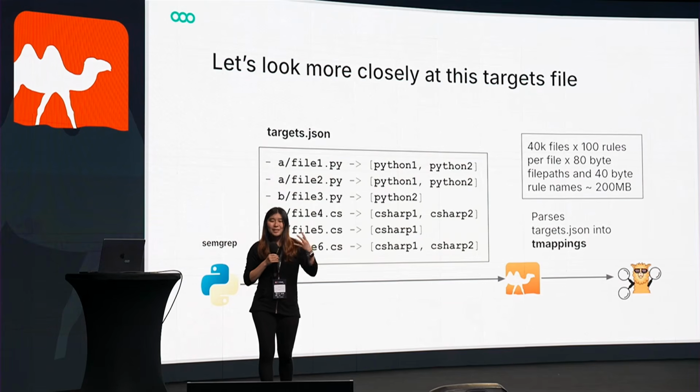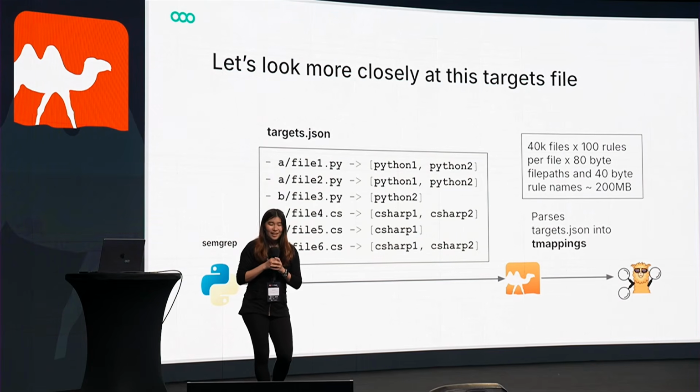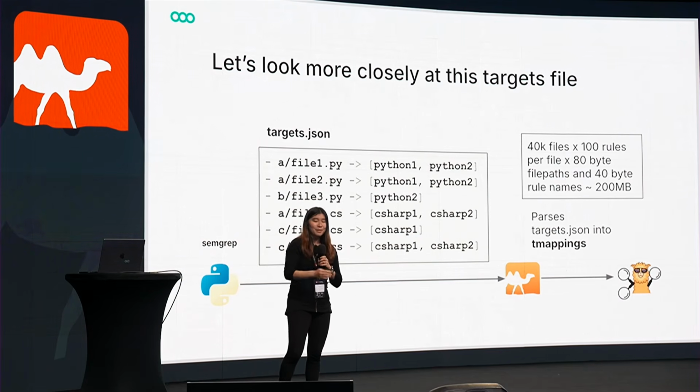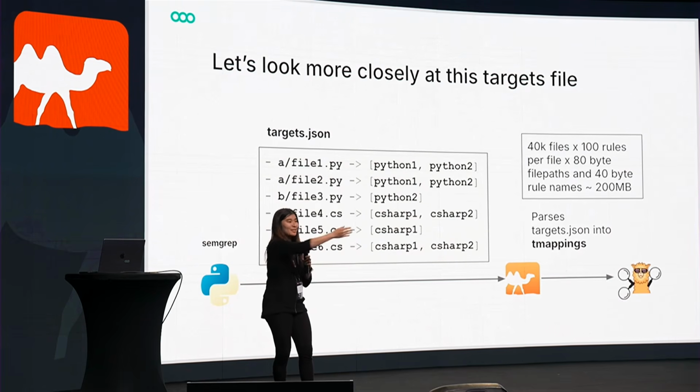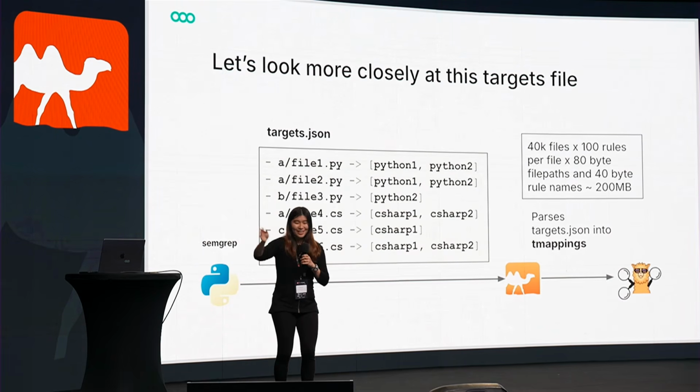Now, once again, people have some pretty big repositories, so let's do a little bit of math. Let's say you have a repository that's 40K files, and each file is analyzed by around 100 rules. Your file paths are maybe 80 bytes, because they get really long.